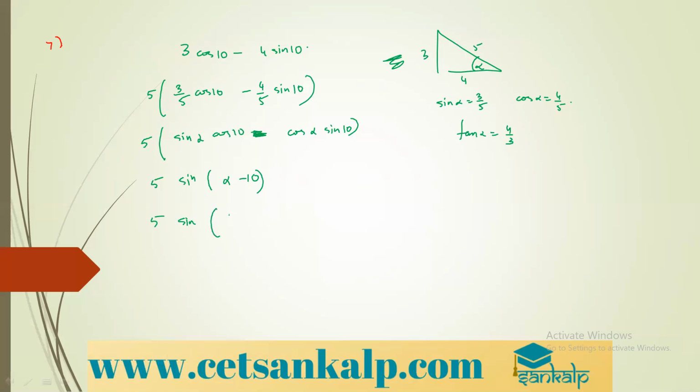You can write alpha as tan inverse 4 by 3 minus 10. That is how I got it.